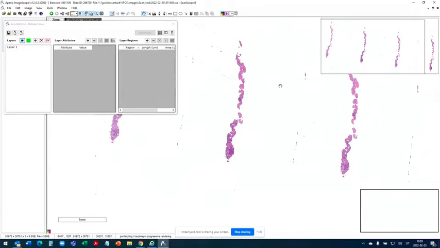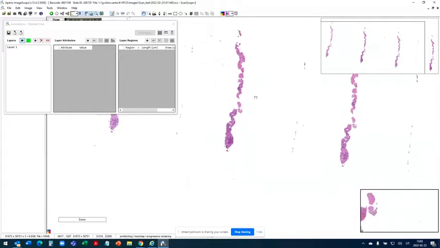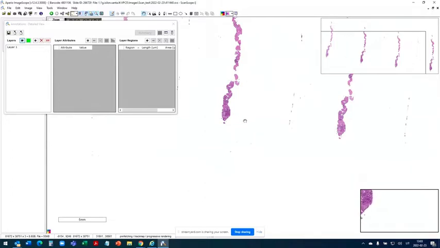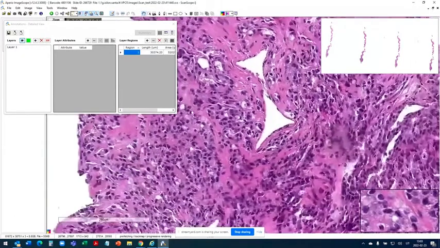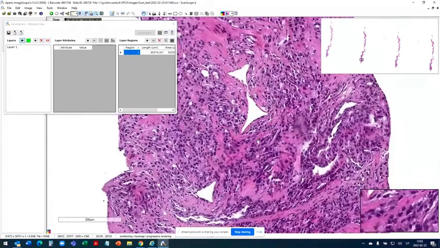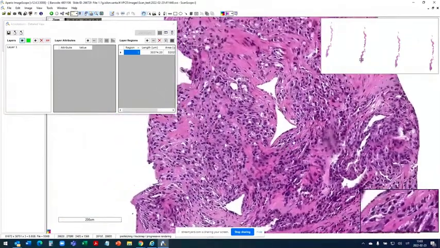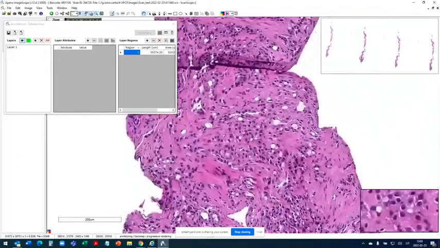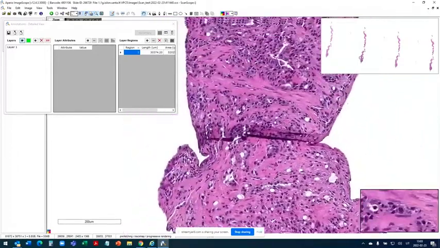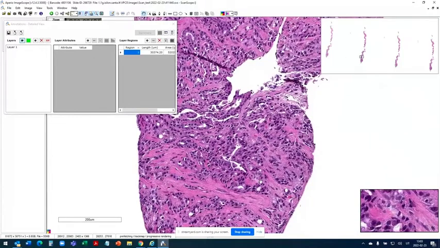Up to nearly 5 millimeters in length, we have a Gleason 4 plus 3 tumor in this focus, with histologically seen fusion of the glands and some scattered single isolated glands.